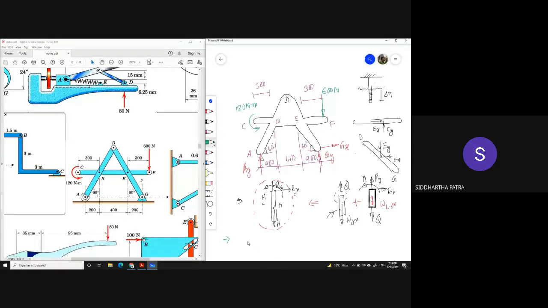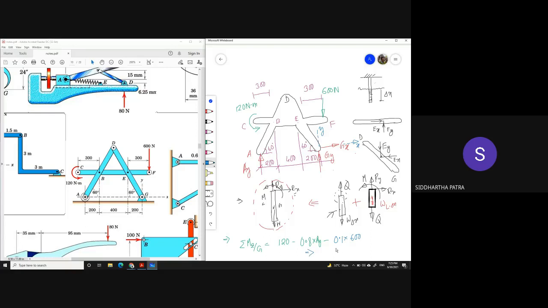For example, if I write the moment about the z axis with respect to point G, I'm going to get this counterclockwise moment 120, and then the clockwise moments, which is 200 plus 400 plus 200, that is 0.8 times Ay, and then the 600 Newton force acting 100 millimeters in positive x as compared to G. So you see over here in this problem, the coordinate origin is also placed at G. So 0.1 times 600.